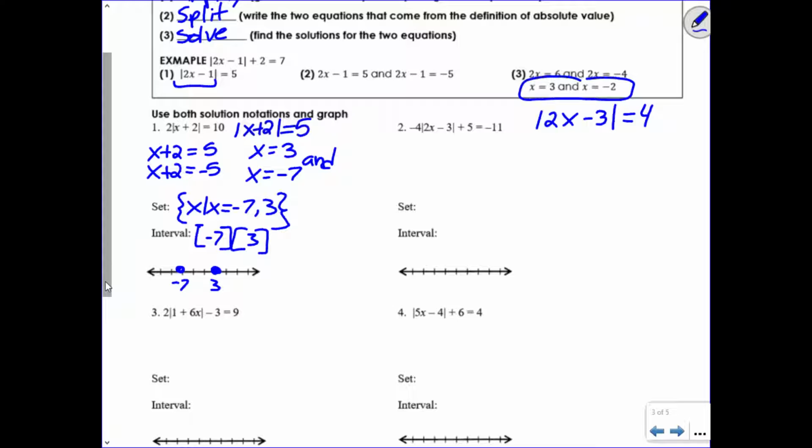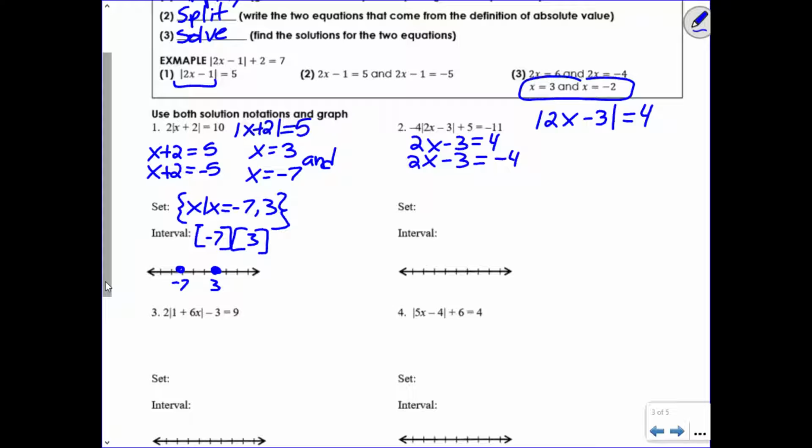Great, once the absolute value is by itself, what do I do next? Yep, you write 2 different equations, one the positive version and one the negative version. Notice that what was inside the absolute value does not change. Do you see that? What was inside the absolute value bars is protected, because it's a castle. The only thing that changes is the number on the right, the number on the end. So it changes to positive and negative.